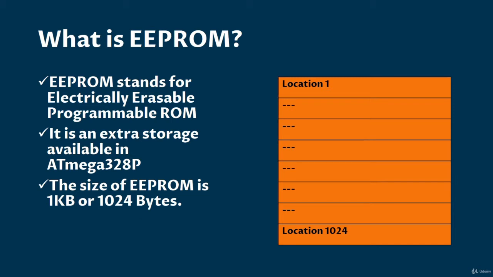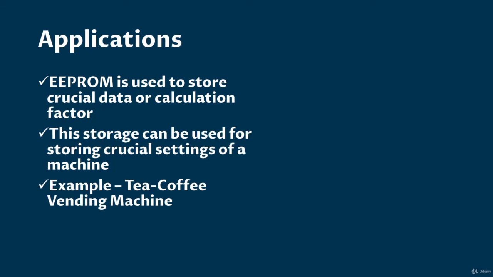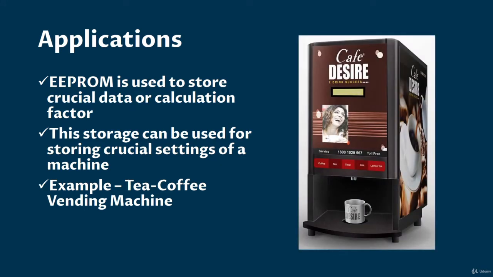So why do we need an EEPROM? EEPROM is an extra storage available in this Atmega 328P controller, where we can store crucial data. Let me show you how we can apply EEPROM in our applications. Recently, I did one program with a company and they were trying to make a voltage stabilizer.